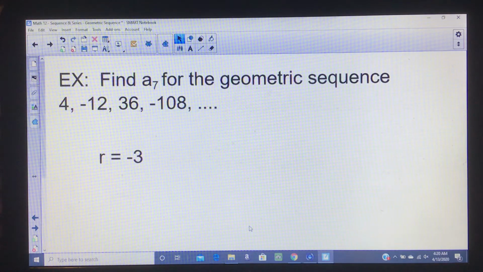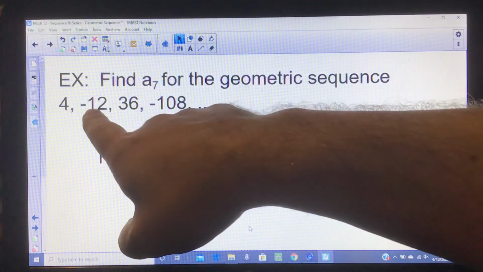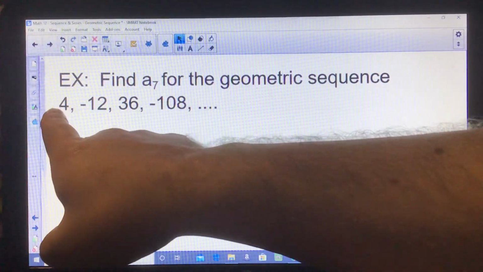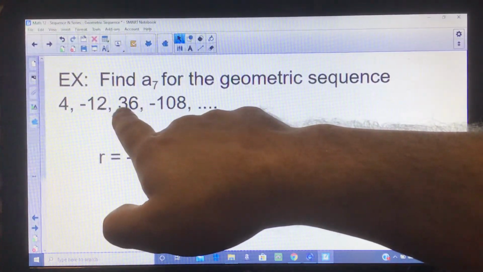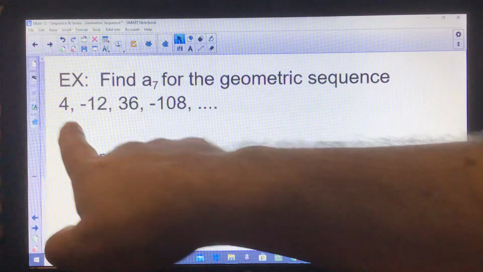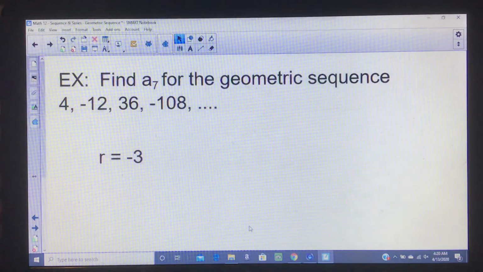Just like we have a formula for the arithmetic sequence, it's very similar to the formula for the geometric sequence. Basically, if I want any term, like say I want the second term, I have to take the 4 and multiply by this one time. Say I want this term, I have to take the 4 and multiply this 2 times. When I multiply something by itself 2 times, I square it.